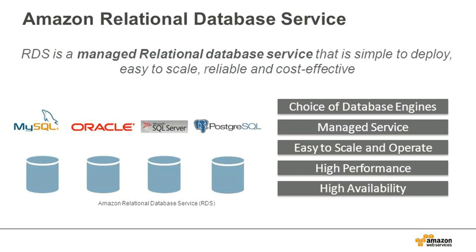Amazon Relational Database Service consists of multiple solutions where you can have choice of database engines, managed services, easy to scale and operate, high performance, and high availability.